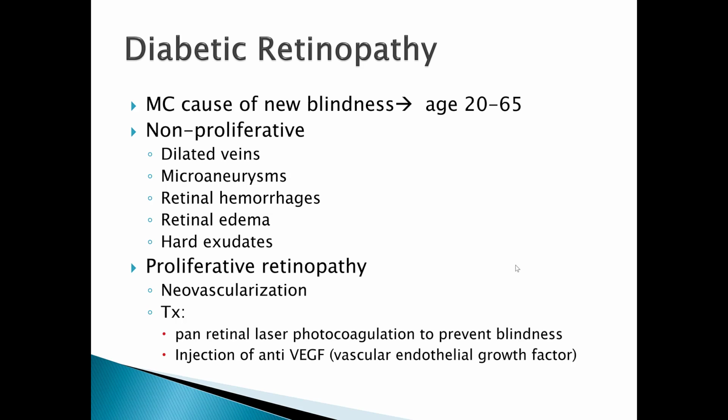So diabetic retinopathy is the most common cause of new blindness in age 20 to 65. There's two different types. There's non-proliferative and proliferative retinopathy. So non-proliferative, they have dilated veins, they have little microaneurysms, they might have some retinal hemorrhages, some retinal edema, and hard exudates.